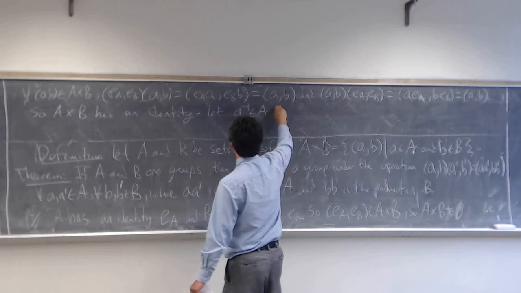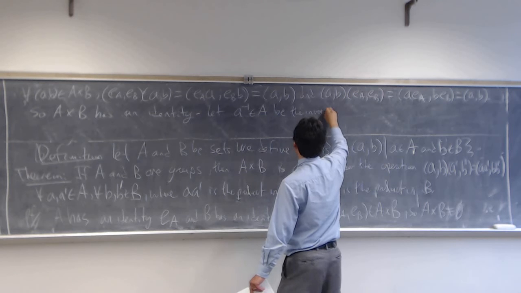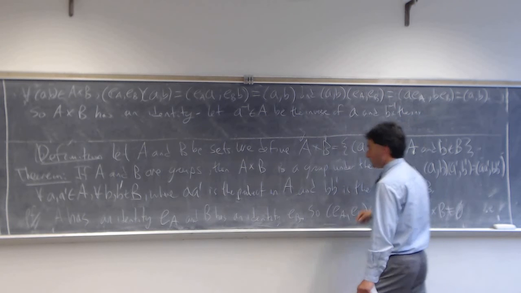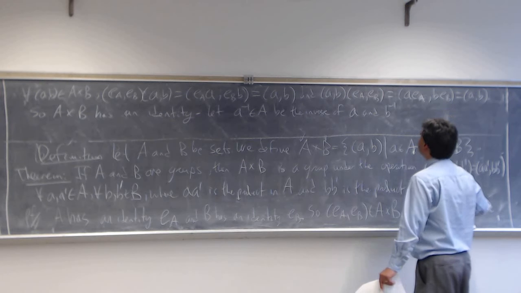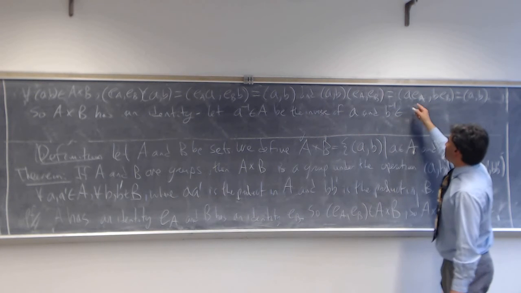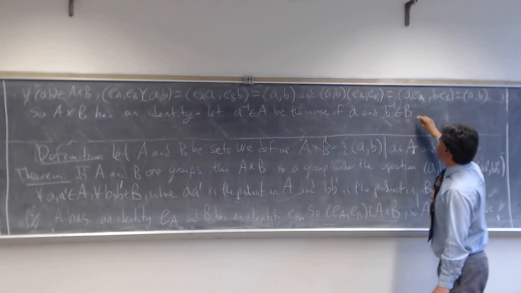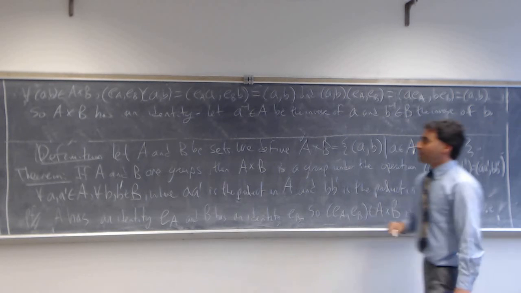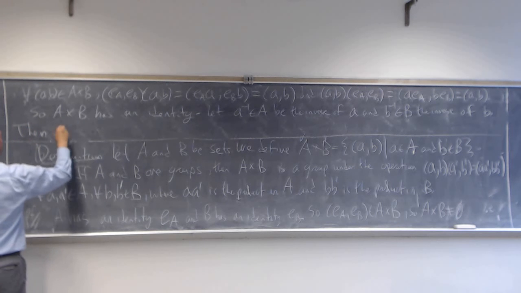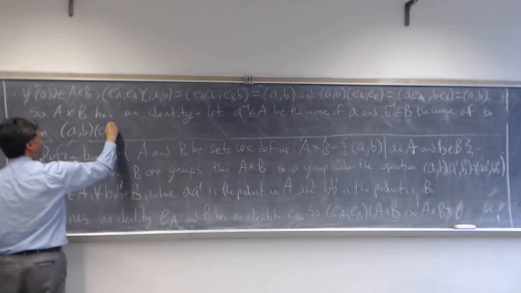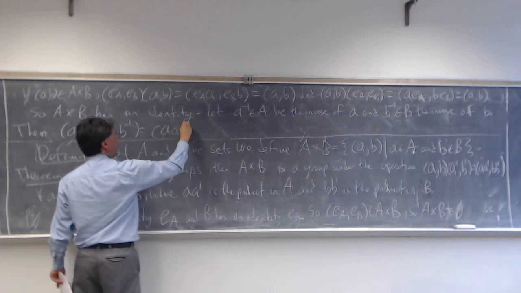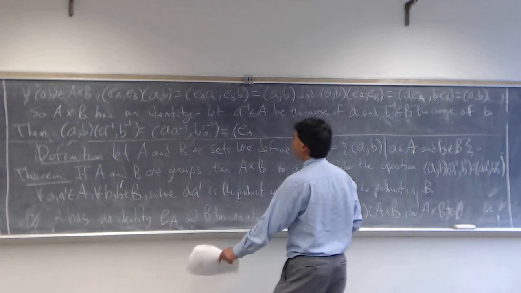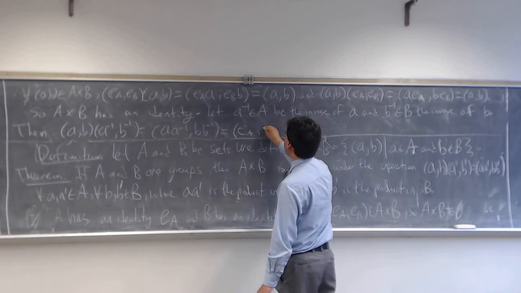Let a inverse in A be the inverse of a, and b inverse the inverse of b. The key is that because A is a group, a inverse is in A, and since B is a group, for b in B, b inverse is in B. Then (a, b) times (a inverse, b inverse) is (a times a inverse, b times b inverse), which is just: a times a inverse is the identity of A in the group A, and b times b inverse is the identity in the group B.